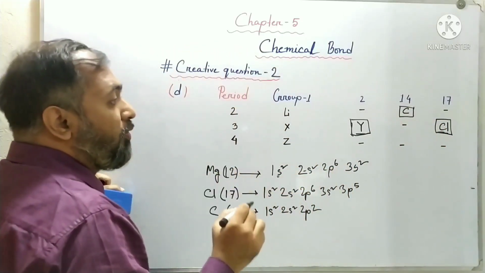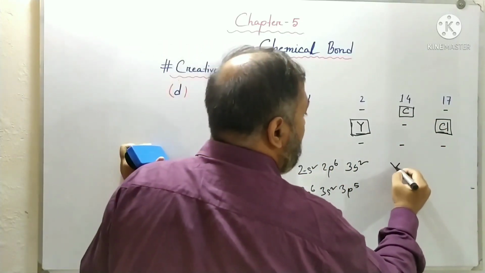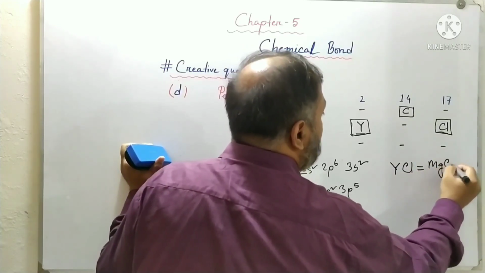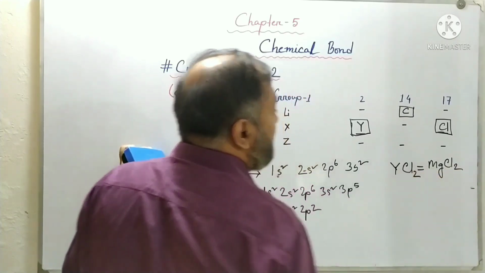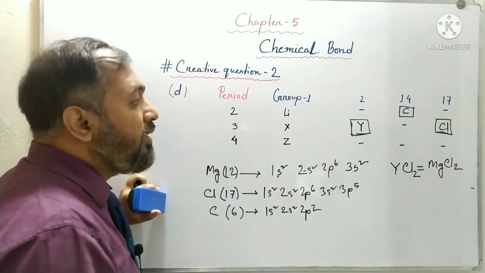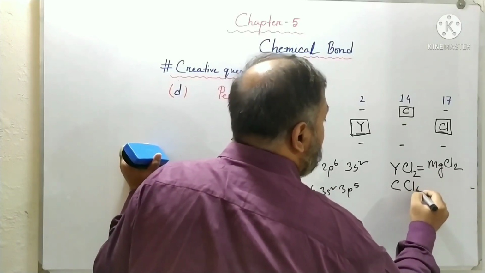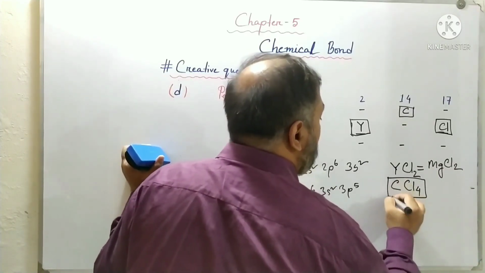So the compound formed by YCl, that means magnesium chloride, is actually an ionic compound, and the compound formed between C and Cl is a covalent bonded compound.